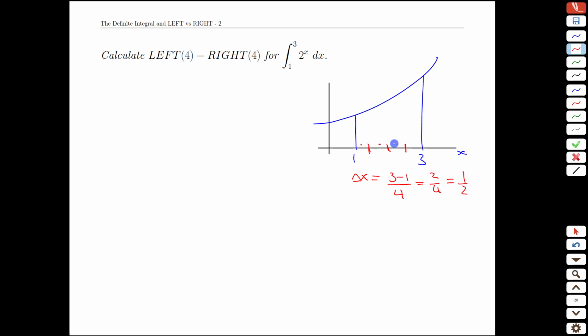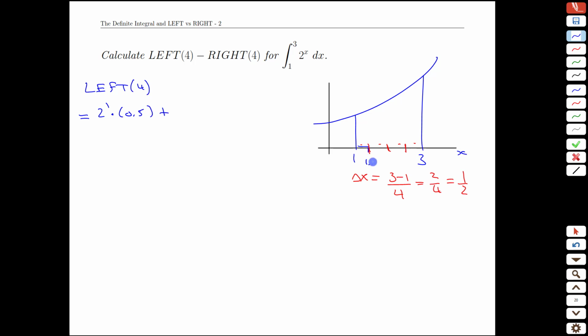If I do a half and a half and a half and a half, I'll get from 1 to 3. Going through the calculations, the left estimate with 4 intervals, we start at 1, so I'll have 2 to the 1 times the width, and that width is 0.5.